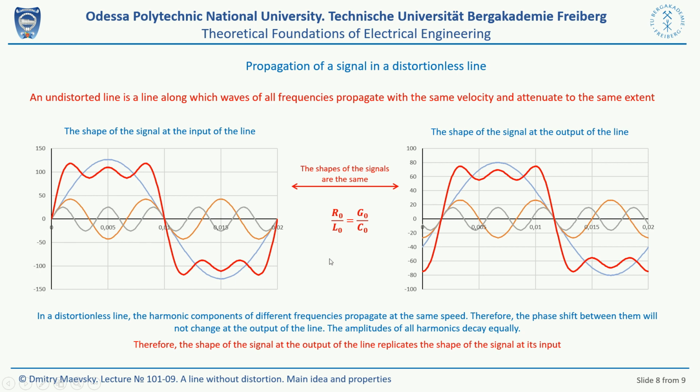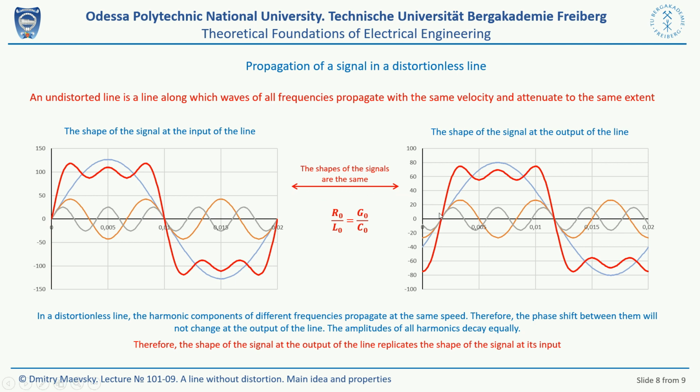At the end of the line, the zero value of all harmonics occurs later, at approximately 0.002 of a second. This is the time it took for the signal to travel from the beginning of the line to its end.